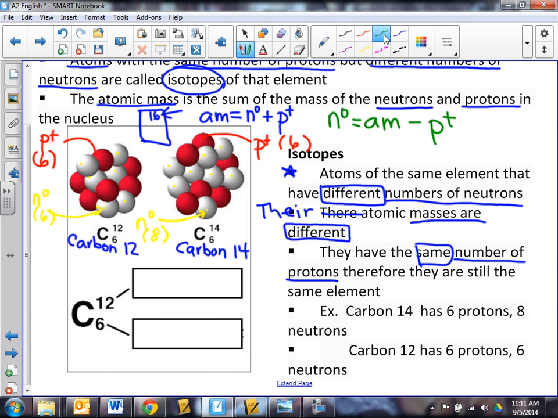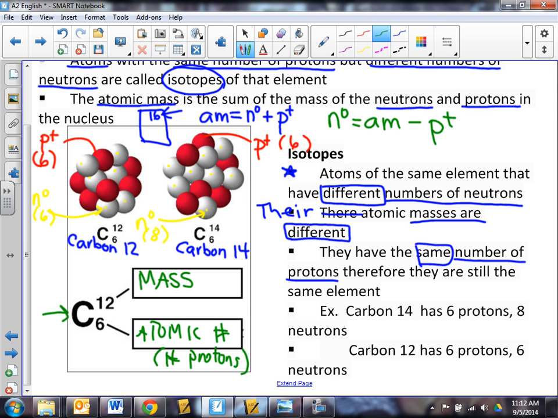Now the other thing that I need for you to understand, and this is something that you have to know how to use, is this symbolic representation. You'll notice for carbon-12 and carbon-14, on the left with the pictures, instead of writing the word, I wrote a little symbol. The number that's on the top represents the mass, and the number that's on the bottom is the atomic number, which basically is the number of protons.